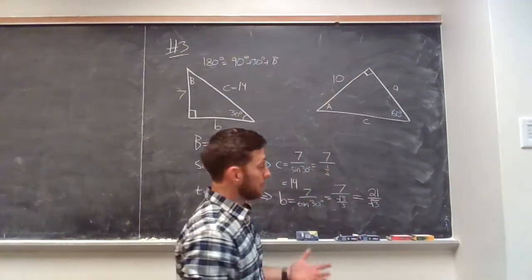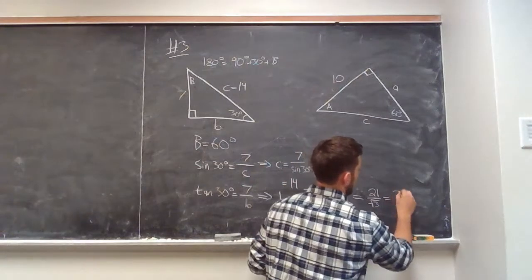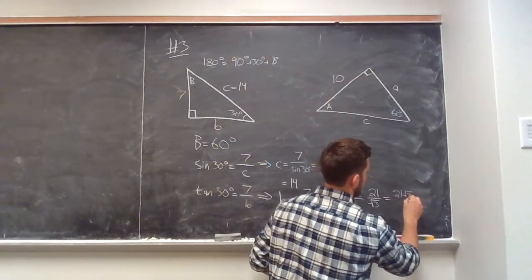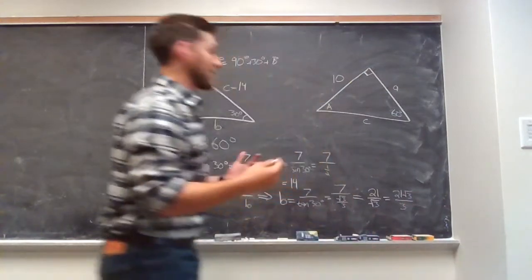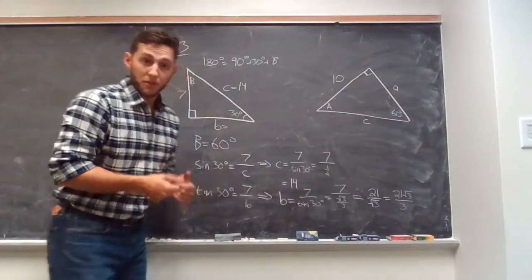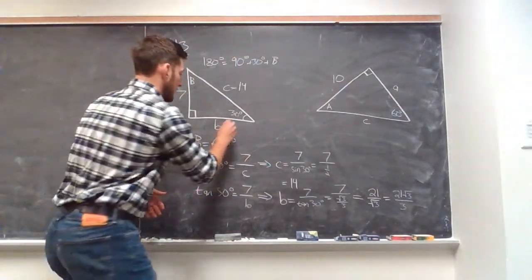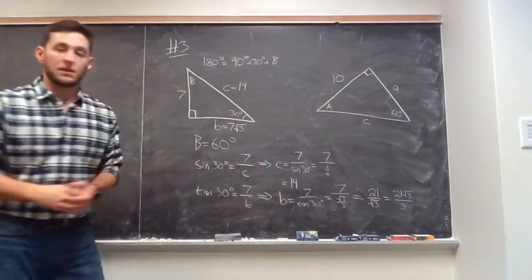If I multiply by square root of 3 on top and bottom, I'll get 21 square root of 3 over 3, which ultimately simplifies down to B equals, cancel out a 3 from the 21 and the 3, 7 times the square root of 3.